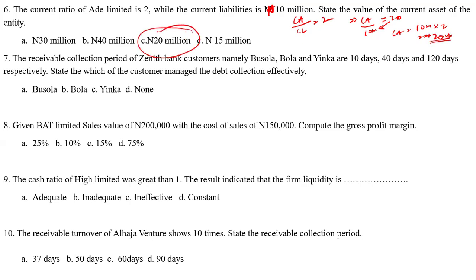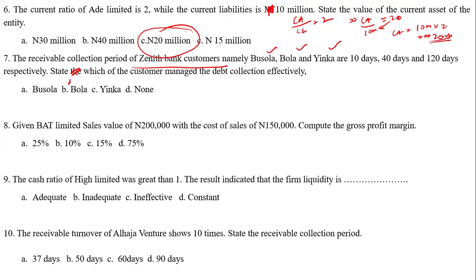Now let's look at this. The receivable collection period of Zenith Bank customers, namely Busola, Bola, and Yinka, is as follows: 10 days, 40 days, 120 days. State which of the customers managed the debt collection effectively?